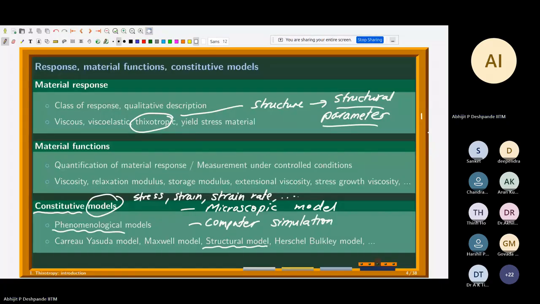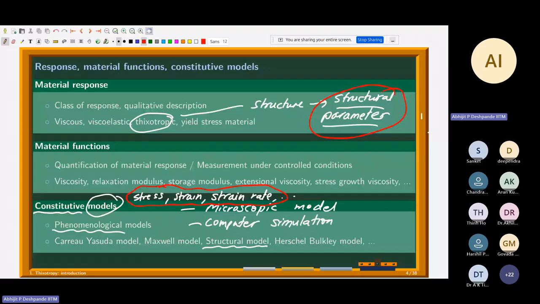So when we have a thixotropic material, we have to look at these quantities, but we also look at the structural parameter. A model for thixotropy will have the variables which are always involved in rheology and the variable which describes the structure of the material.